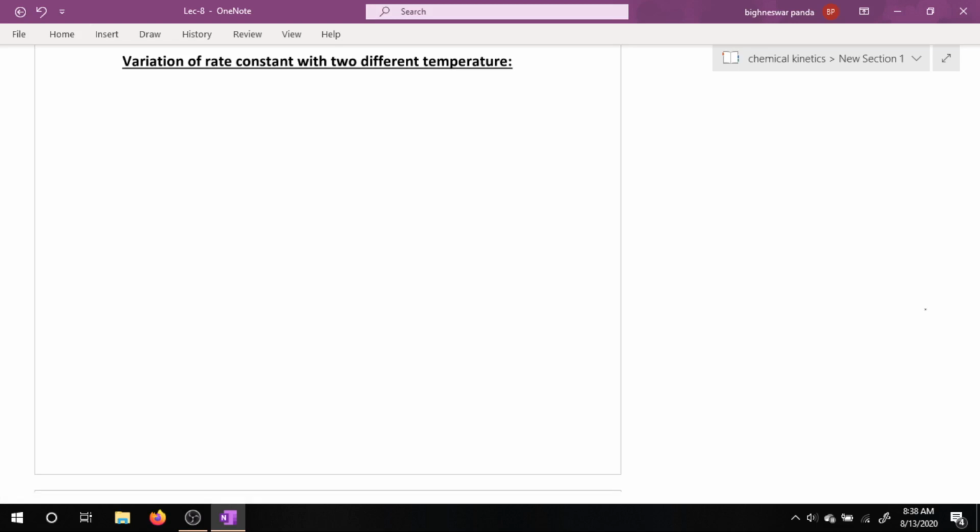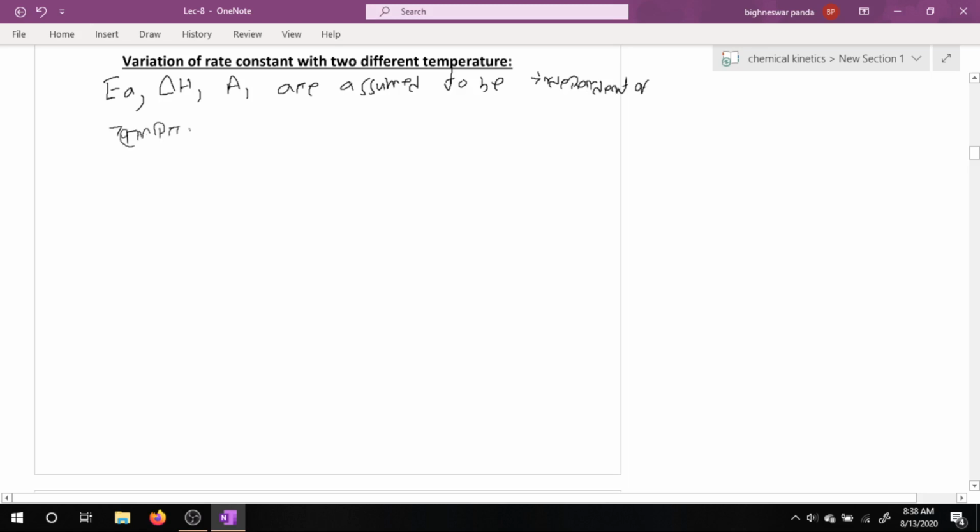While doing such a thing, you have to consider that the activation energy, enthalpy and frequency factor are assumed to be independent of temperature unless otherwise mentioned. So again we have k = A e^(-Ea/RT).